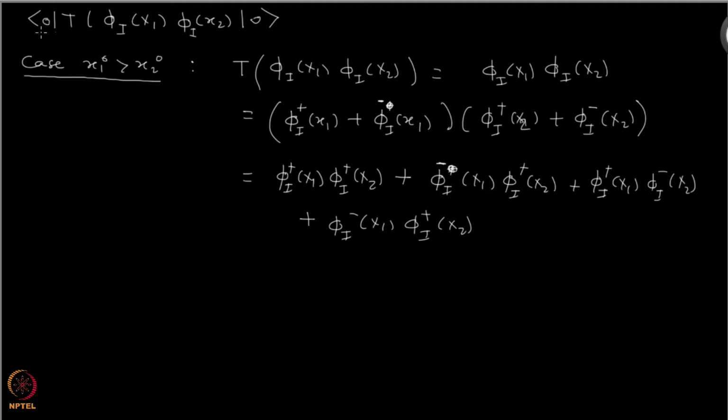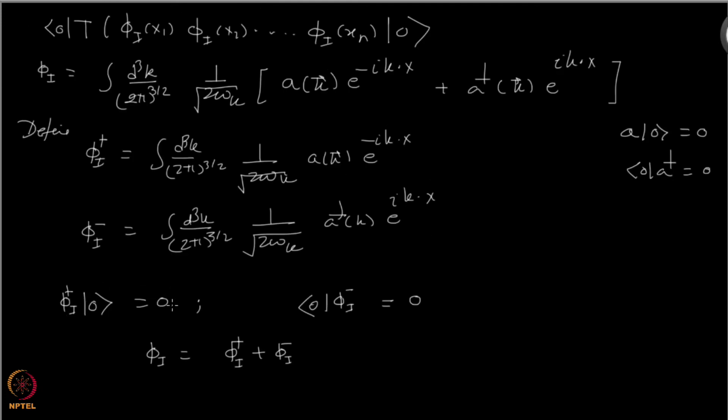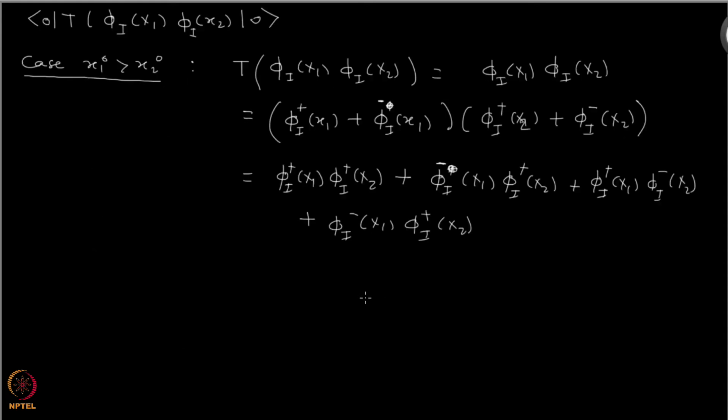Now eventually I want to sandwich this operator between the vacuum. So when I do that, look at this one. Phi plus kills the vacuum to the right and phi minus to the left. So this one has a phi plus, it will kill the vacuum. This one has a phi plus, it will kill the vacuum. This one has a phi plus, it will kill the vacuum. This will kill the vacuum also because it has a phi minus on the left. But this guy will not kill the vacuum, right?